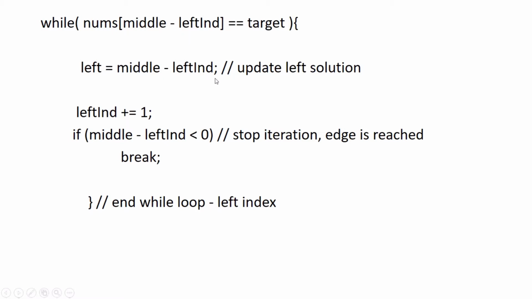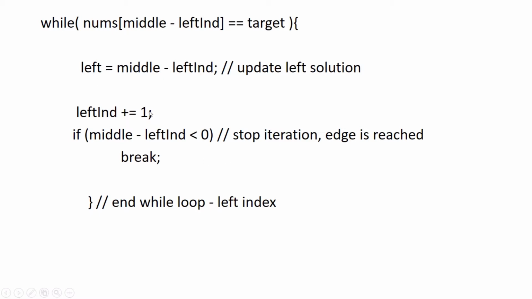Now what do we do? We update our left solution, the value of our left, with middle minus that left index, which is 0 here. So whatever our middle is now becomes the value of our left index. That is our starting index for now.